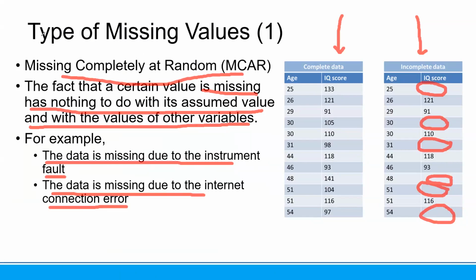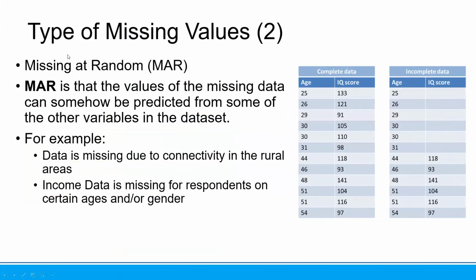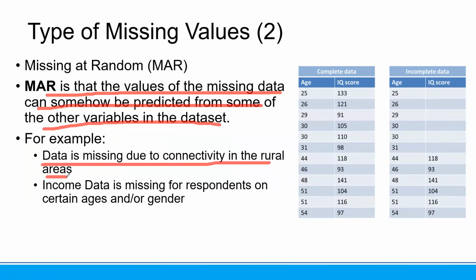So let's see the second example. It is missing at random, MAR. The value of the missing data can somehow be predicted from some of the other variables in the dataset. For example, data is missing due to connectivity in the rural areas, like Sigun.